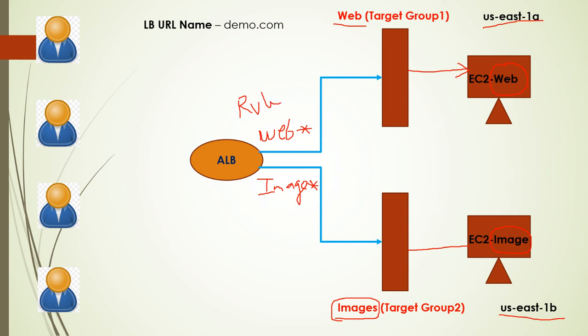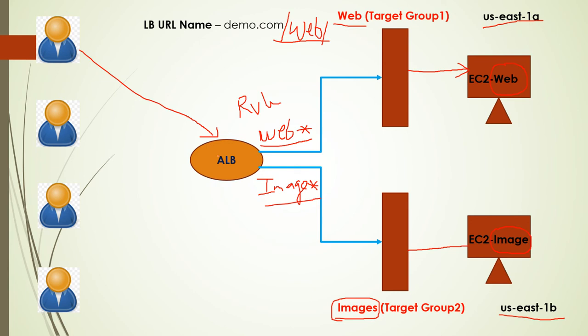So I have mentioned web star and image star. It means whenever there is any query, like someone mentions demo.com/web slash some file name, which is actually on this system. Whenever a user mentions demo.com, it simply sends the request to any of the systems, I'll tell you how. But whenever a user specifies demo.com/web, it comes to the application load balancer.